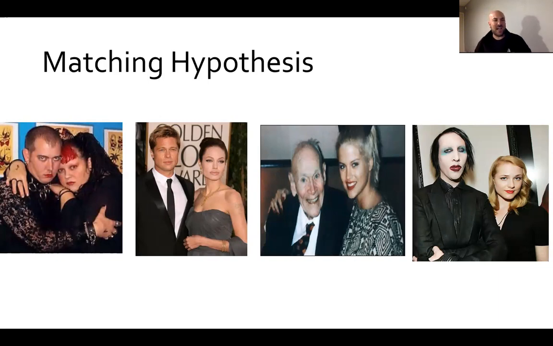I think the average marrying age is 28 for men and 25 for women. And the percentage of couples with a 10-year age gap is really, really small. So it's not common to date someone much older or much younger than you, which really supports this matching hypothesis.